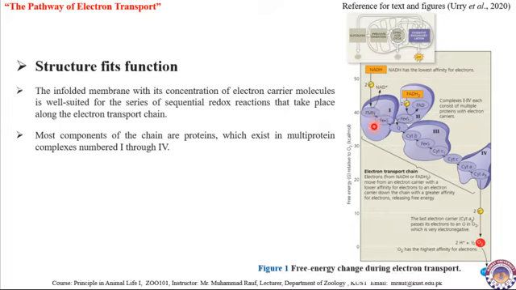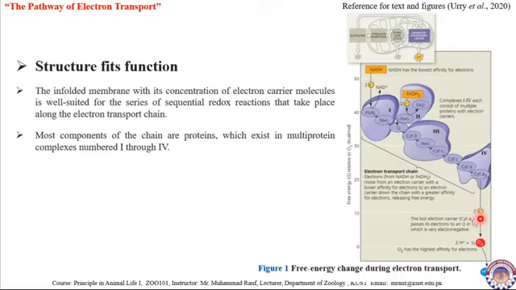Now you can see here each complex has carriers of electrons, and these are lying in a sequence, and there is a series of redox reactions. A carrier molecule is first reduced and then is oxidized when it passes the electrons to another carrier. And finally, oxygen is the final acceptor of electrons.